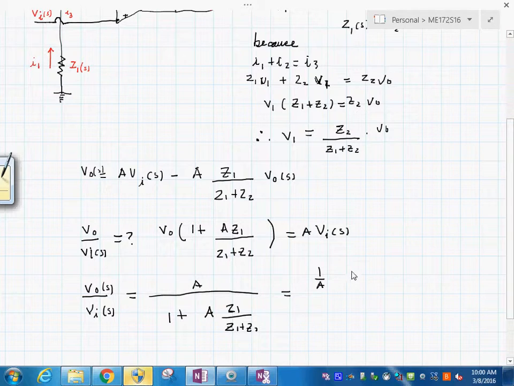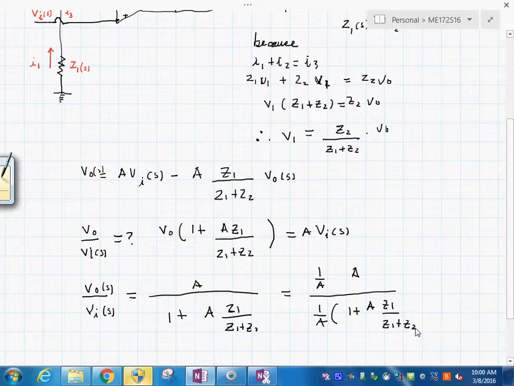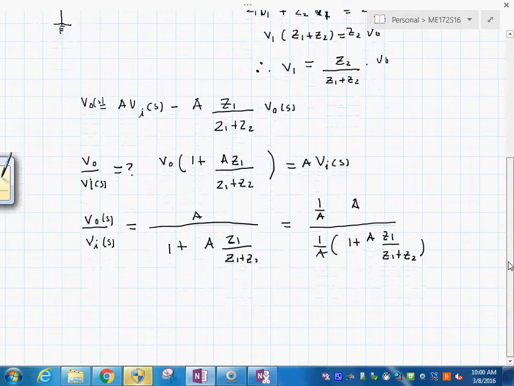You get a very interesting result, because you have this transfer function of the voltage output in relationship to the input, that is 1 divided by 1 over A plus Z sub 1 over Z sub 1 plus Z sub 2.